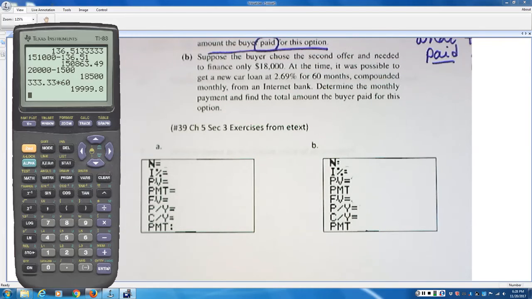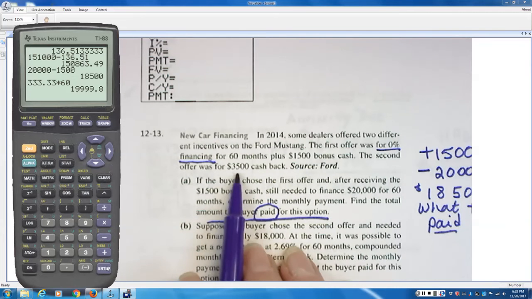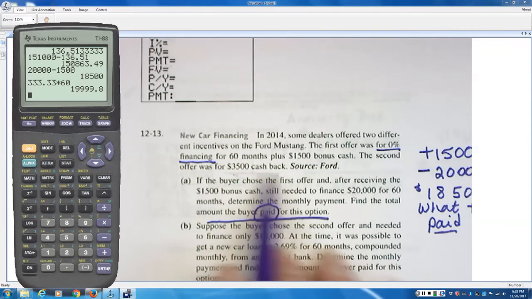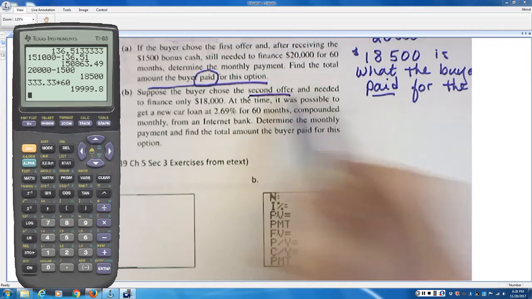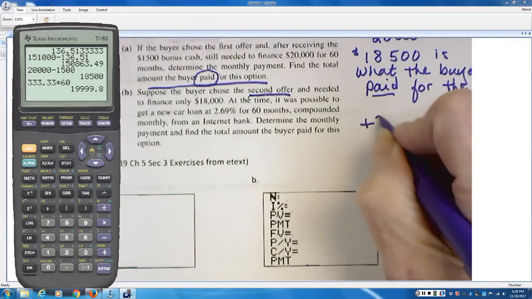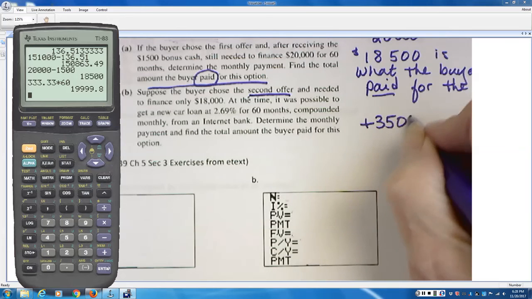Now, the other option is that you get $3,500 cash back, and that's it. No special financing. You get $3,500 cash back for buying the car. But you've got to get financing and you've got to make your car payments. So the second option, the buyer chose the second offer, which means they hand him a check for $3,500.